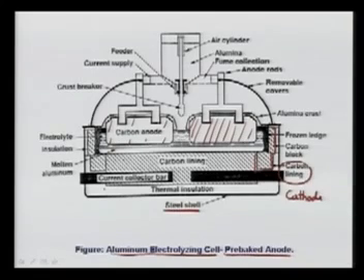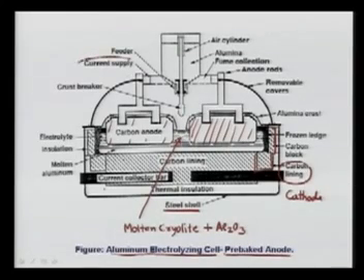And here what you see is molten cryolite plus dissolved Al2O3. Then the current supply for the anode is here, and the current supply for the cathode is here.